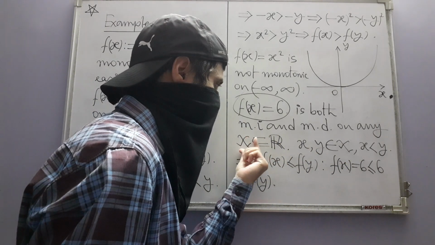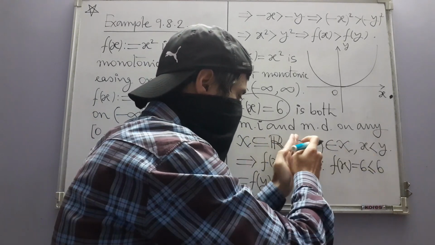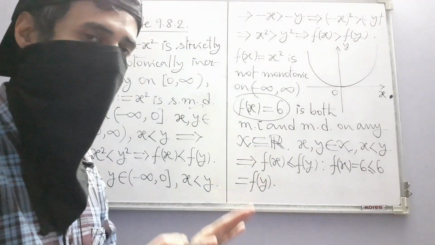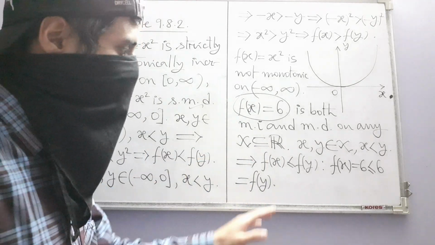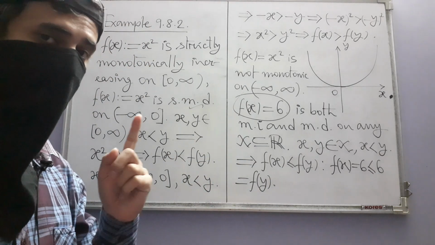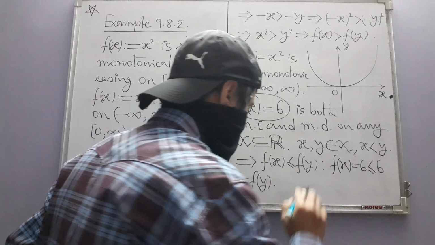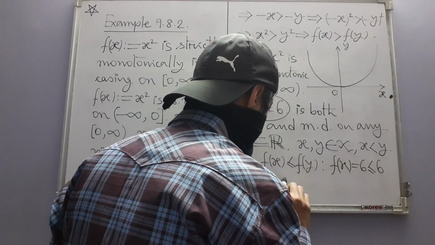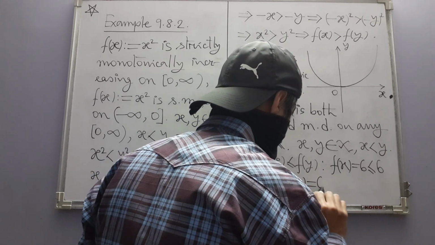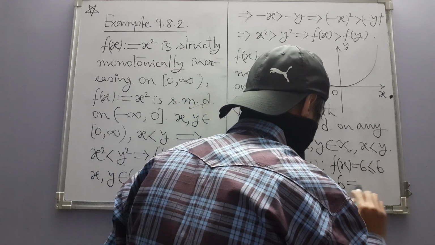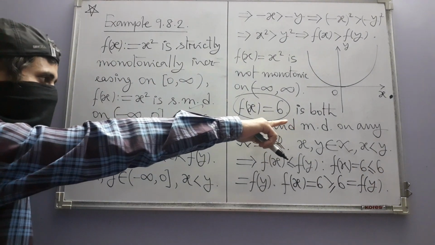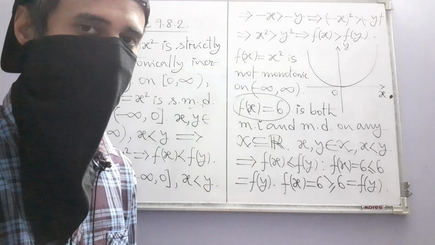Because if X is the empty set, then the hypothesis of this implication is false. So the implication is vacuously true, but true nonetheless. So that's why in any case this is monotonically increasing. But because of this same reason, because we have equality, we at the same time have this as well. So that's why it's also simultaneously monotonically decreasing.